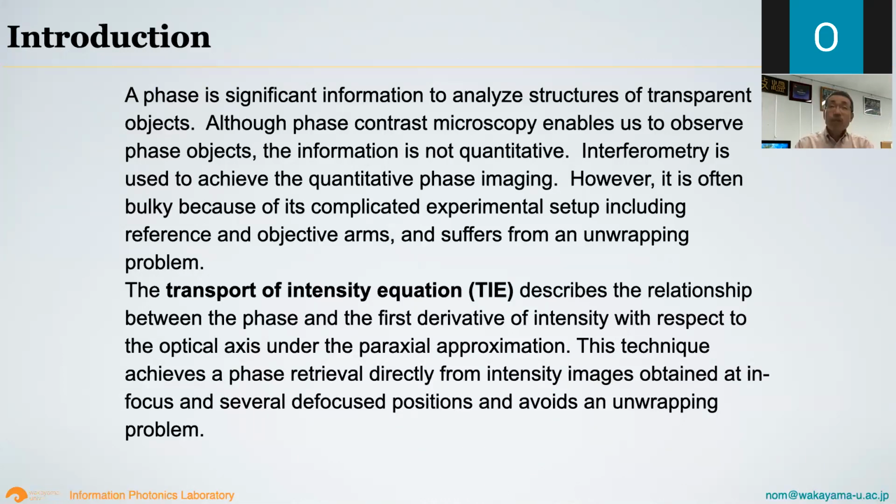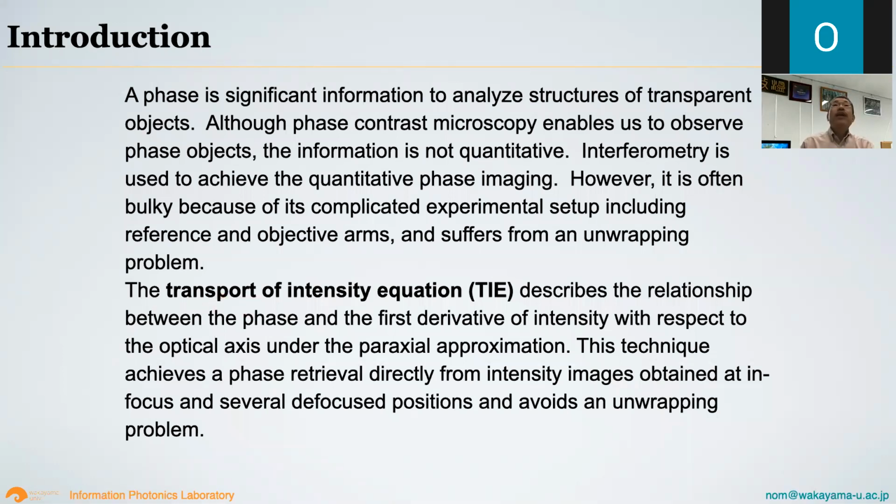So interferometry is used to achieve quantitative phase imaging. However, it is often bulky because of its complicated optical experimental setup, including reference arm and object arm, and suffering from a wrapping problem of the phase.